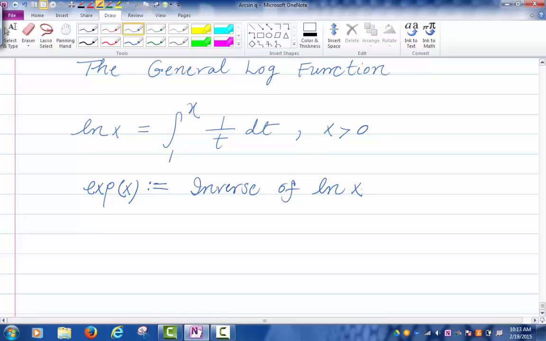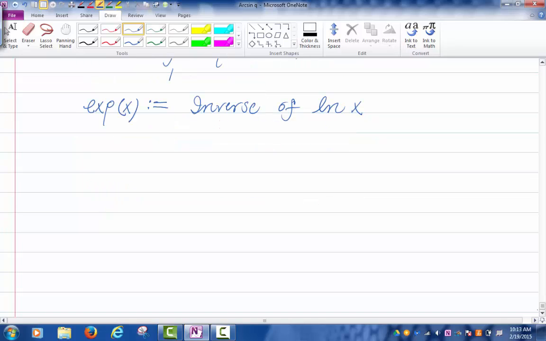And then we showed that e to the r is equal to exp of r for rational number r.